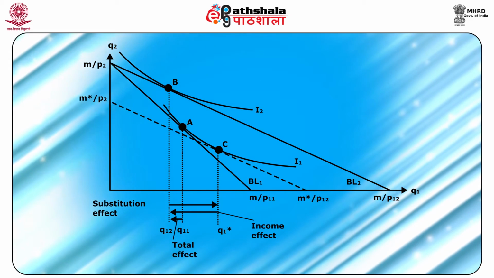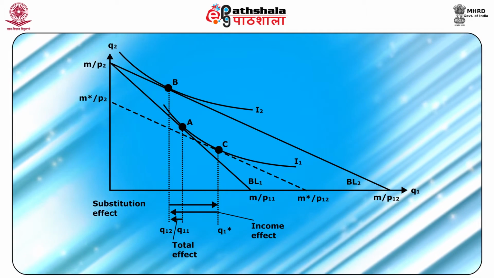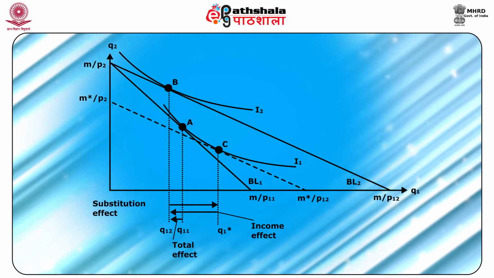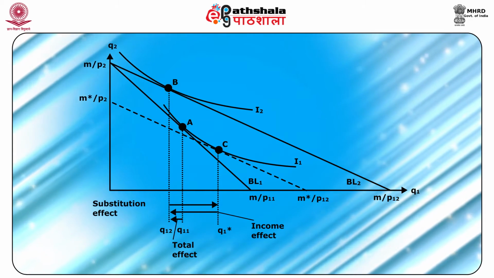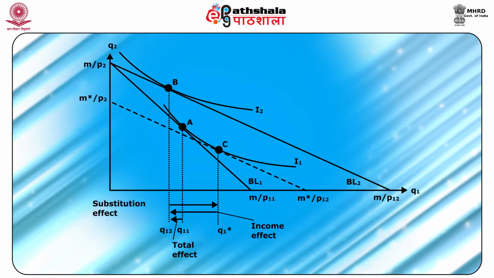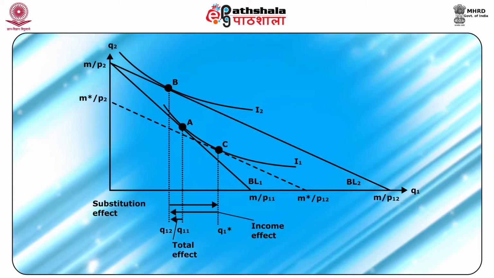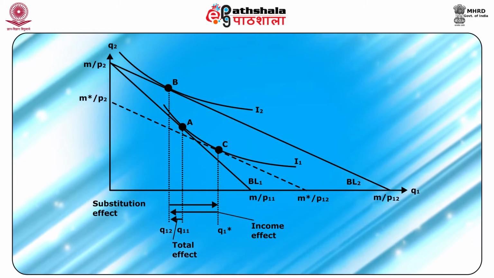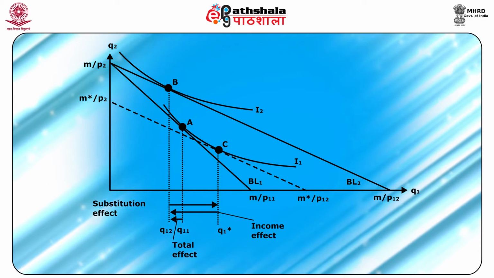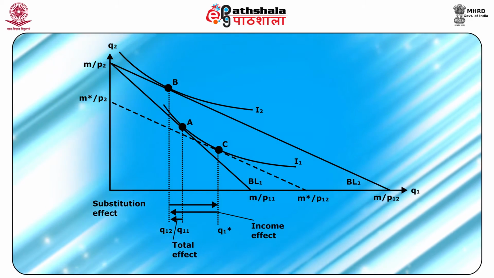Now, from C to B, the movement shows that the consumer's negative income effect is from Q1 star up to Q12, and this is greater than the gap from Q11 to Q1 star. Hence, what is happening is that the negative income effect outweighs the positive substitution effect.